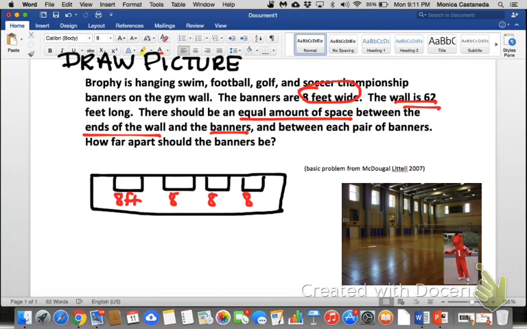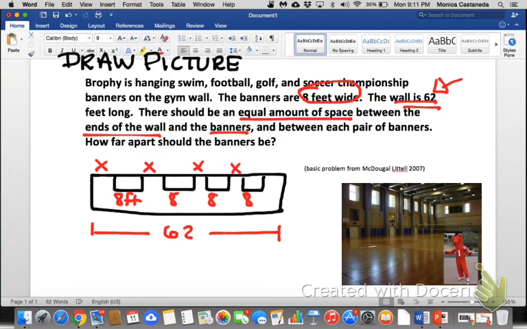And then it said the entire wall was 62 feet long. And the last bit, it talks about equal amount of space, but they give us no number value. So we're going to call those spaces X.